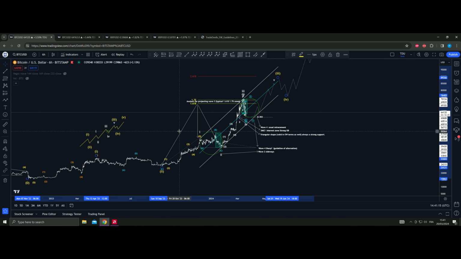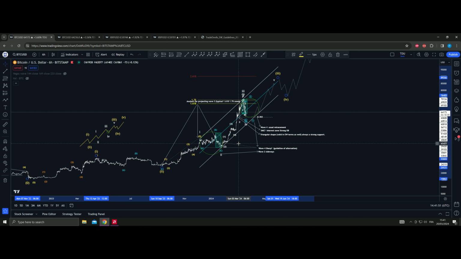And the tools that I'm going to talk about are what are the most probable targets and areas for wave 4 to develop, and what can we expect in a wave 4 generally. So generally wave 4 means that we should see a sideways correction, because the market is most of the time bullish and there's a lot of enthusiasm in the idea that we're gonna see all-time highs and everything.